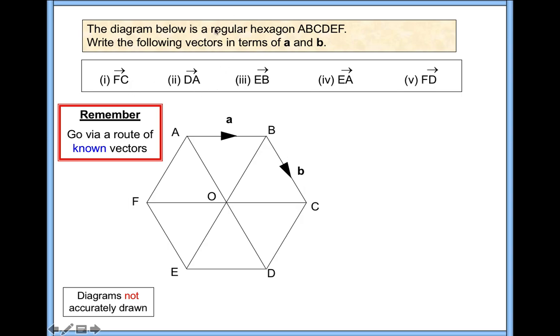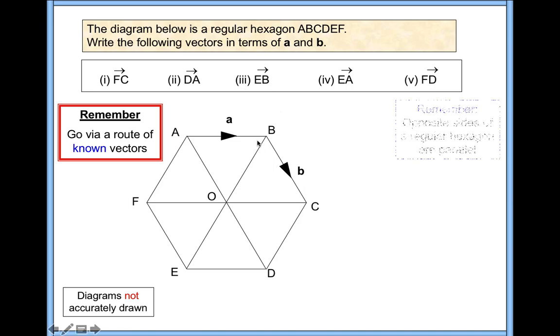Okay, you know the difference between regular and irregular, right? I told you previously. Now vector FC. They are asking you for vector FC. Here always apply the rule of vectors, go by route of known vectors. You know vector AB. For a regular hexagon, I gave you the relationship between hexagon and vectors. Remember?